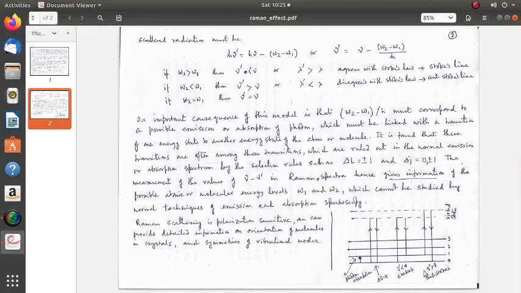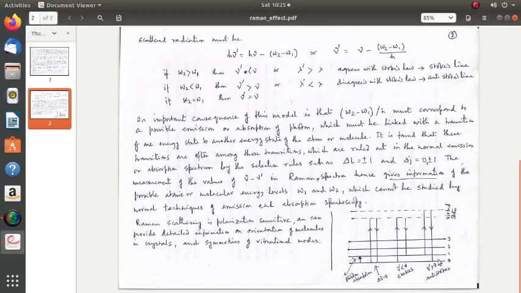That means lambda dash is less than lambda. So this does not follow the Stokes law. So this is then something new, the anti-Stokes lines. See, this is Rayleigh scattering that we knew. This is Stokes that we knew from fluorescence, but this anti-Stokes lines is a specialty of Raman spectrum.